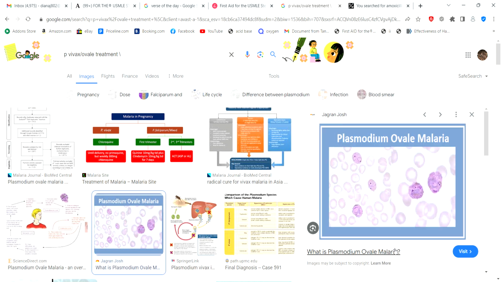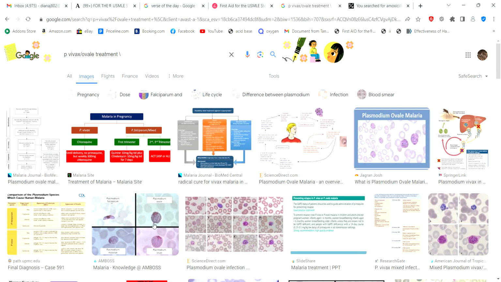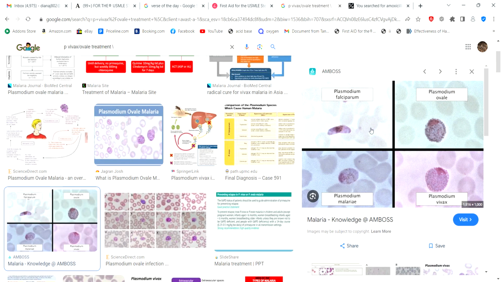So this is Plasmodium ovale. Okay, so these are the different types of Plasmodium.